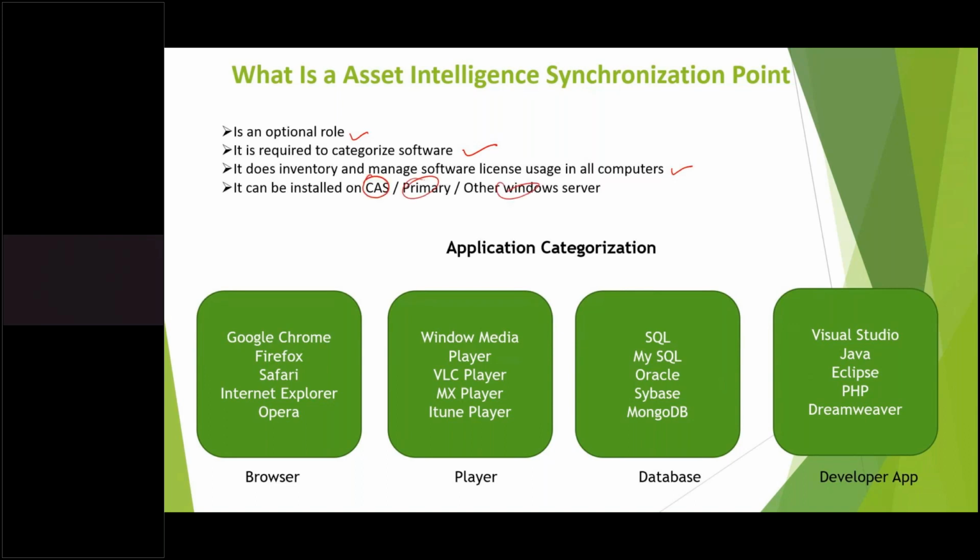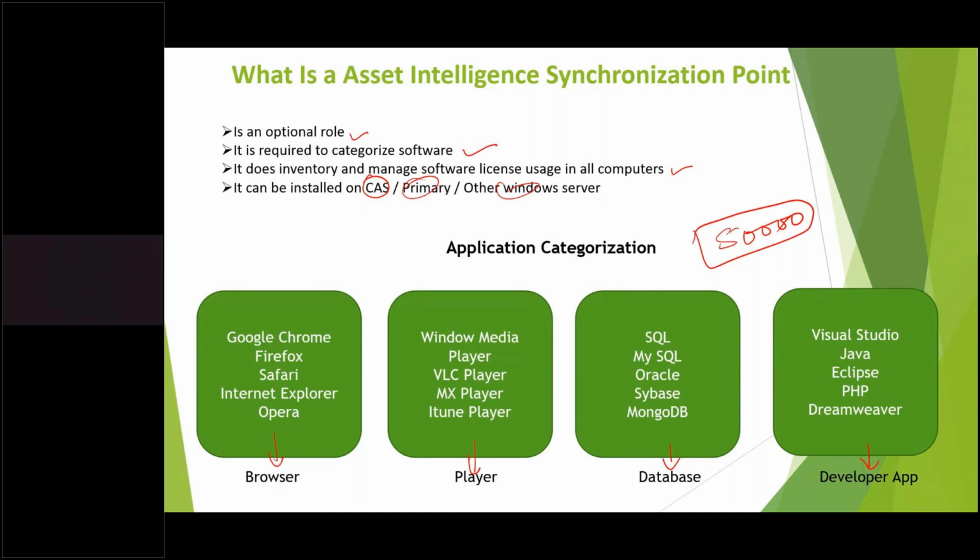It will categorize the machine applications like this. Some applications will fall under the browser category, some under player, some under database, and some under developer category. So who will do the categorization? It will be the SCCM server. For example, you have 50,000 software installed in all the machines, let's say on 10,000 machines.